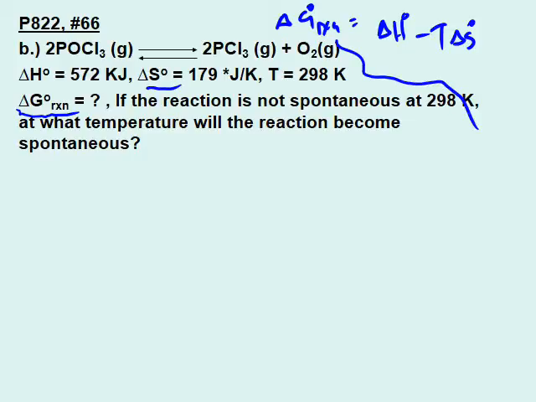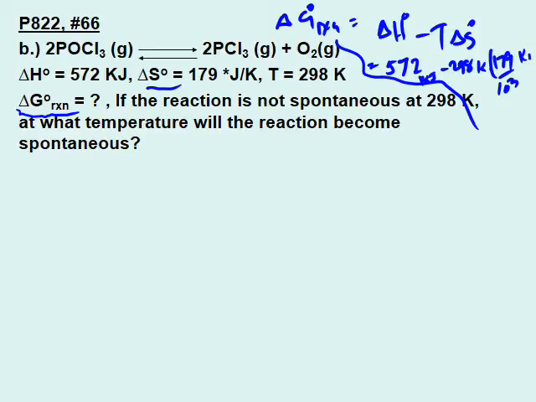So delta H is 572. It's an endothermic reaction because that's positive. 572, that's kilojoule, so keep that in mind. Minus T, 298 Kelvin, times delta S, and we need to change it from joule to kilojoule. So 179 divided by 1000 to get kilojoule per Kelvin.